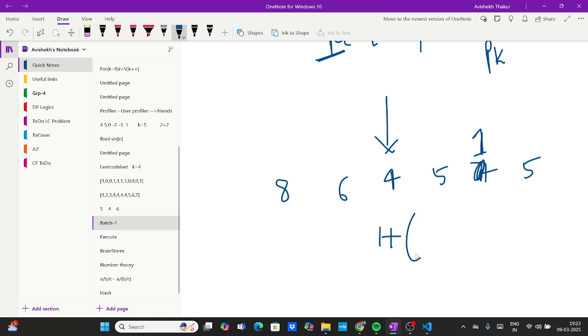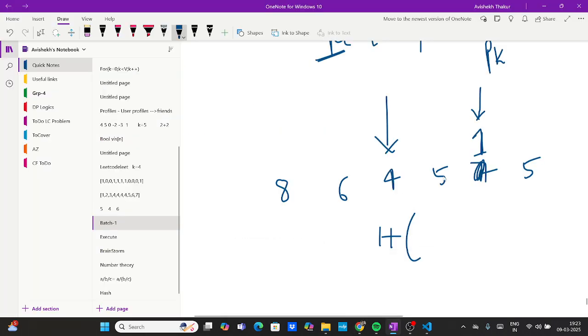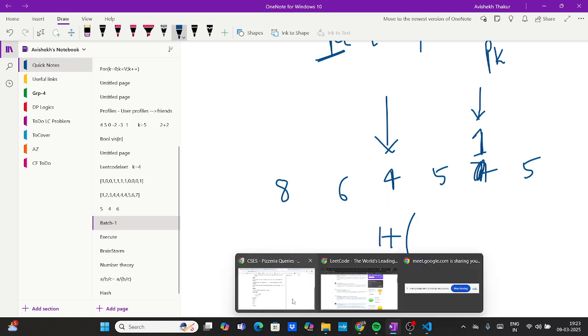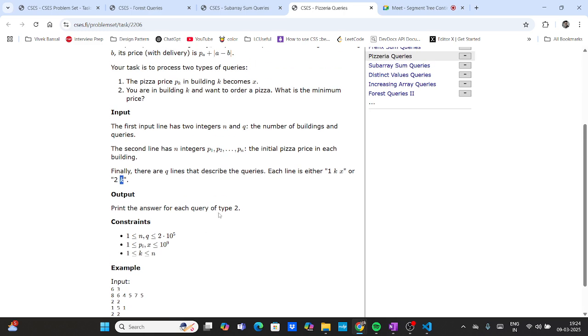So you have to bring it from any place. I'm asking, in the question, from where do you have to bring it? Where are we standing, and from where do you have to bring it? That's the question: you are standing at 2 K. What is 2 K? 2 K means the pizza price in the building.